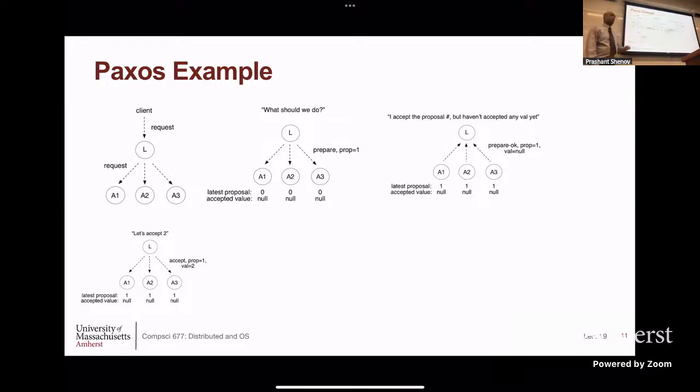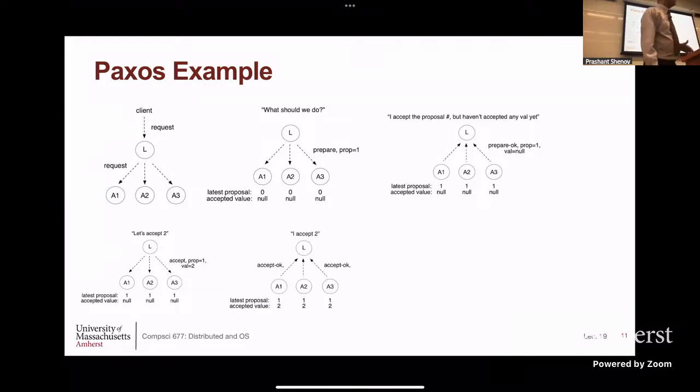So it is essentially going to start the next phase, saying, okay, we started the prepare. Now here's the accept phase. Still round 1, I propose value 2. It's going to send this out. The simplest case is that no one has failed, so all the machines are up.